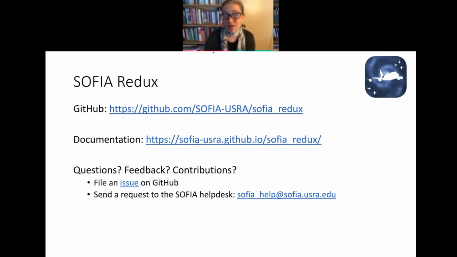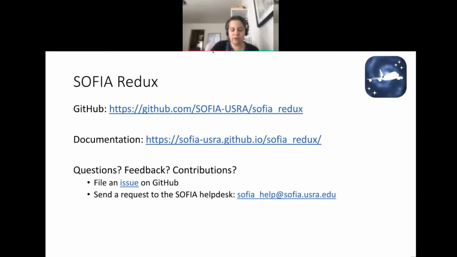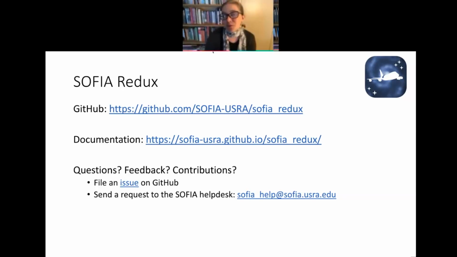I believe every other instrument and mode that we have, you just reduce the science files by themselves and use auxiliary reference data. Okay, so it sounds to me like for everything except HAWC, the calibrator data would be listed under a different AOR ID, so you wouldn't get it by mistake. Right, exactly. And if you do happen to need it, if you'd like to look at calibrations and how they're done, we can help you find appropriate calibrator observations.